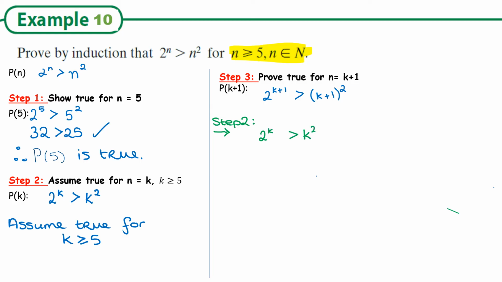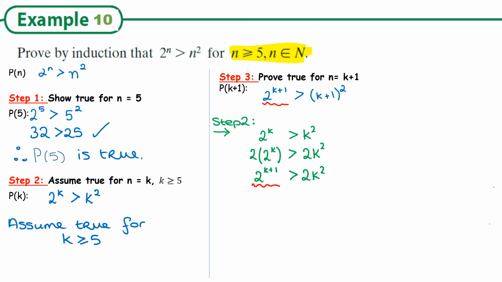Now, what I want to prove is 2 to the power of k plus 1. So I'm going to multiply both sides by 2. Because 2 times 2 to the power of k will give me 2 to the power of k plus 1, which is what I have on the left-hand side of the proof. So this matches this.